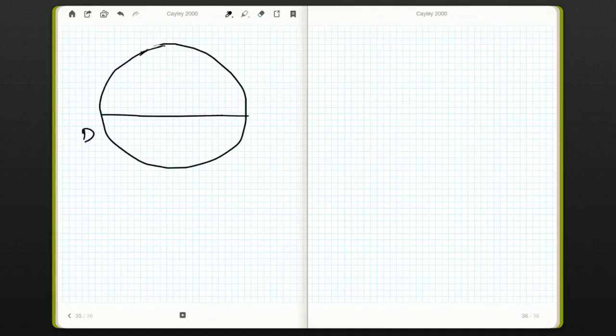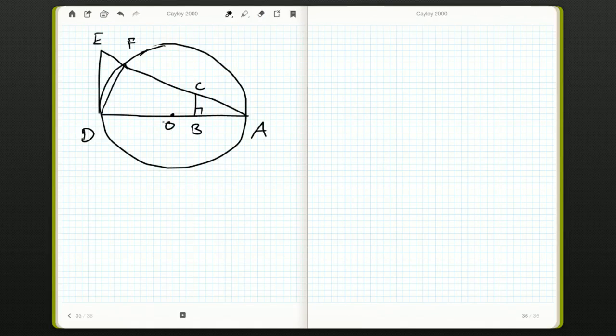So DA, going to assume F is the intersection point here. And DF extends to meet ED, and we have a right angle here, and this is C and B, and we'll say this is O.